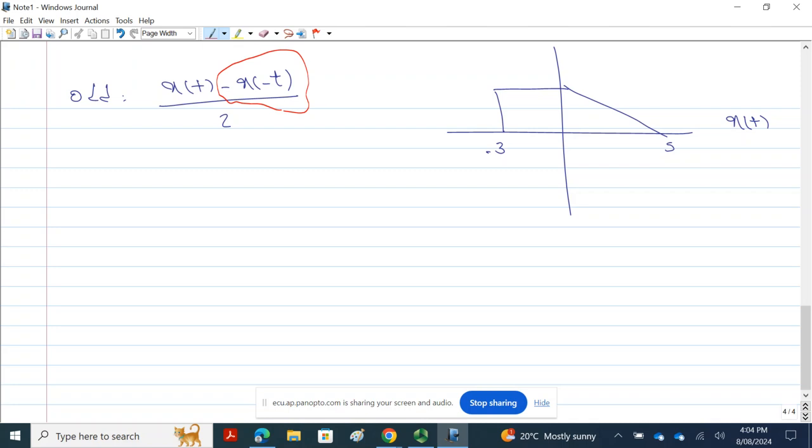The other approach is find xt, find x minus t, and then subtract. Both should give you similar answers. Now, personally, I prefer the second one. That's less confusing. So, yeah, we can follow the second one.